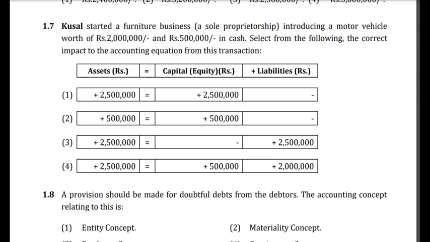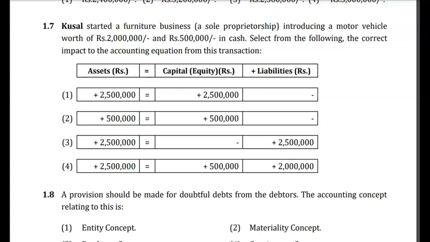Plus, when he is introducing cash 500,000, again cash is a current asset but coming under the common name as asset in the accounting equation. So again the asset is going to go up by 500,000. So both are assets which is going to go up by 2.5 million. 2 million plus 500,000, 2.5 million.